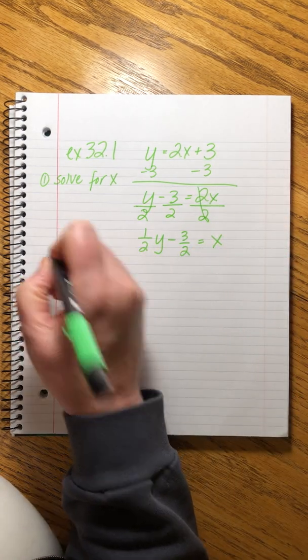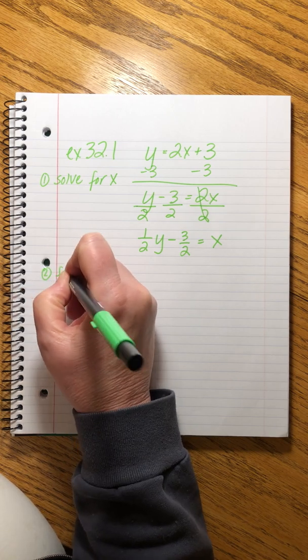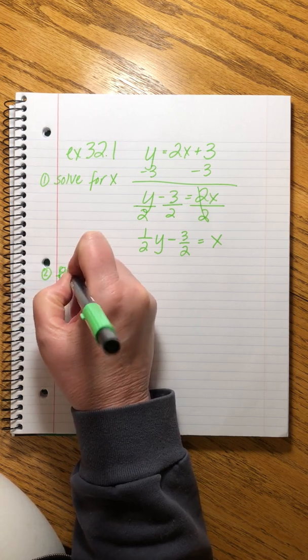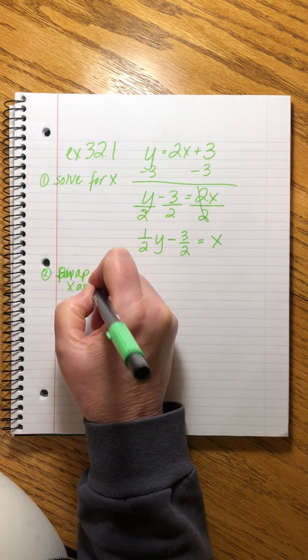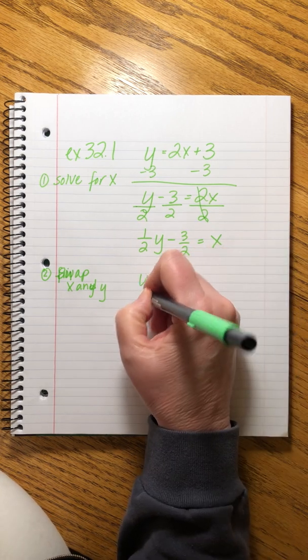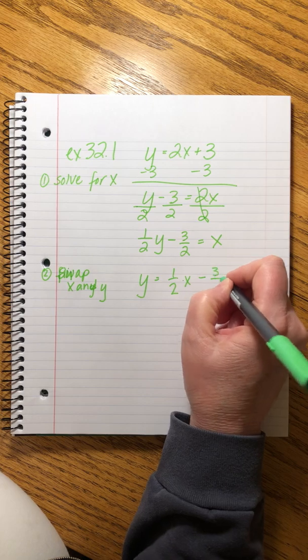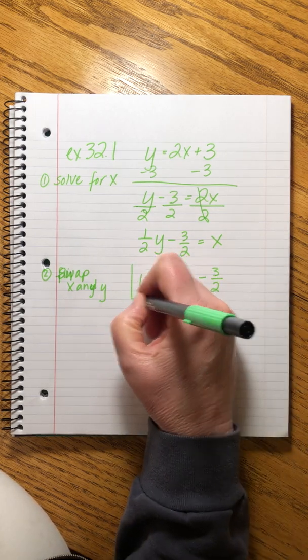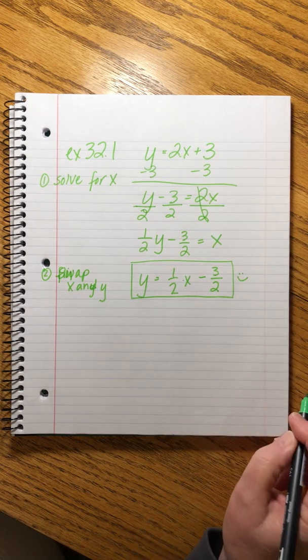And then step 2. Let's say swap. Swap x and y. And I'm going to bring this over. So this becomes y equals 1/2 x minus 3 over 2. And that's the correct answer. What do you know? Kind of cool, right?